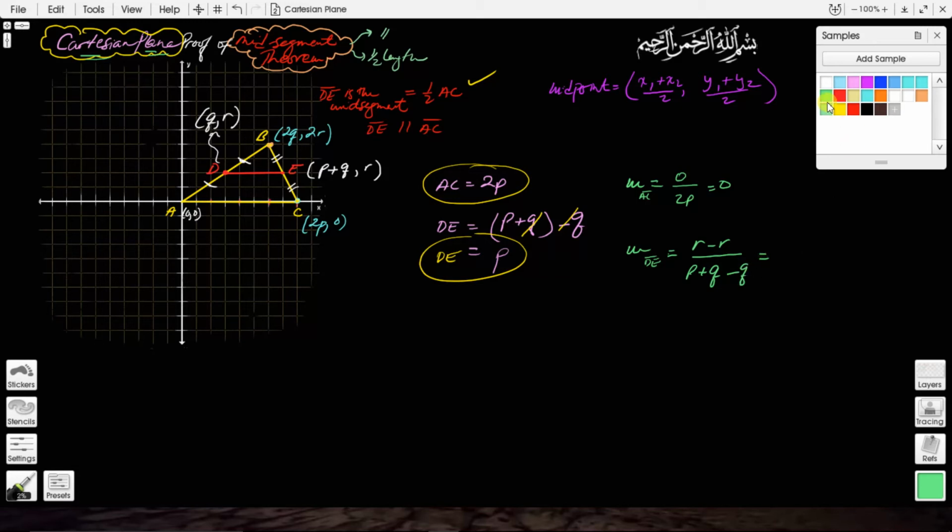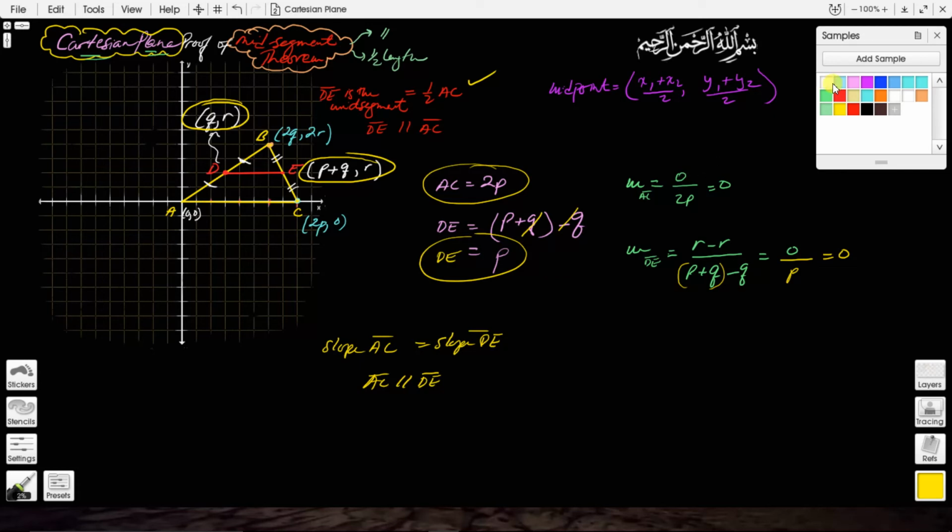So I'm calculating the slope of DE using these two points, that ordered pair. Changing y over changing x is r minus r over p, which is 0 over p, which is 0. So as you can see, they have the same slope. Since the slope of AC is equal to the slope of DE, AC is parallel to DE.